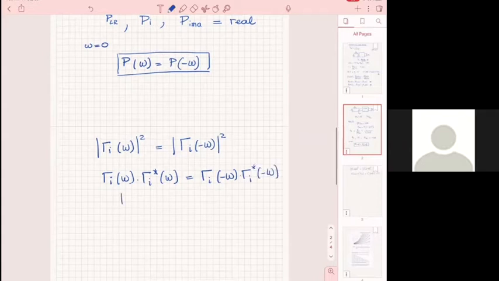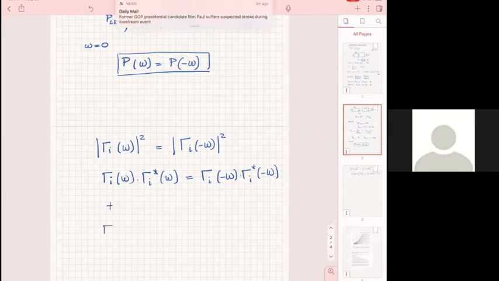And then if you do that, and you take this into consideration, and also take how gamma sub I looks like, all right? If you take that plus the fact that gamma sub I of omega is really what?